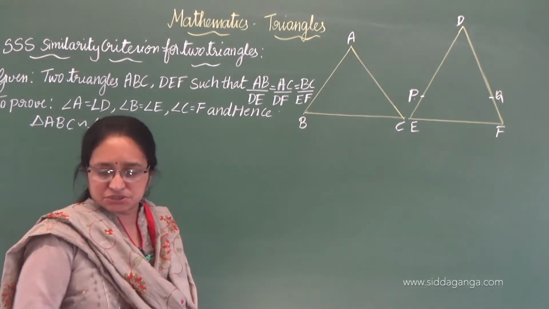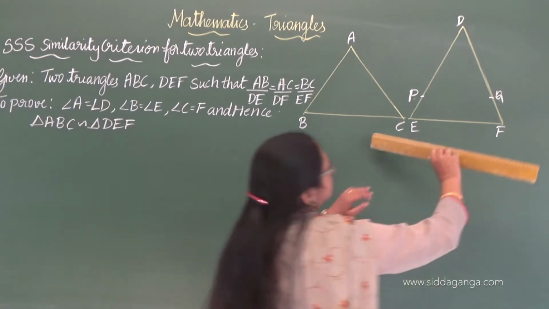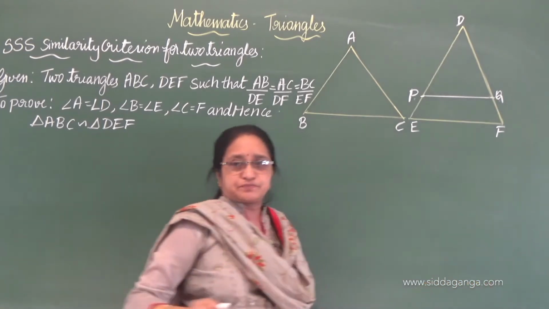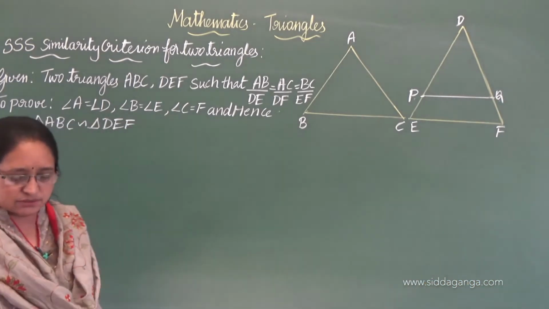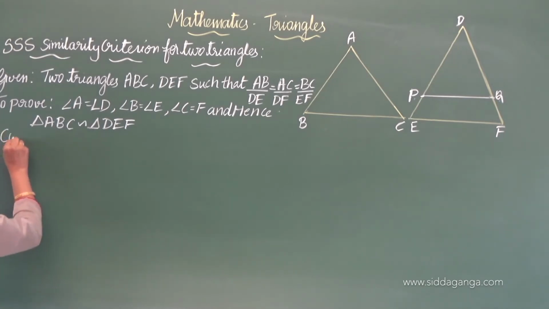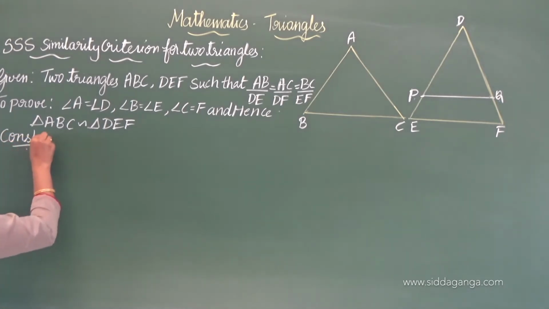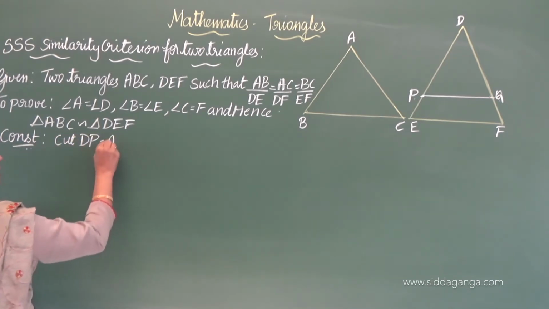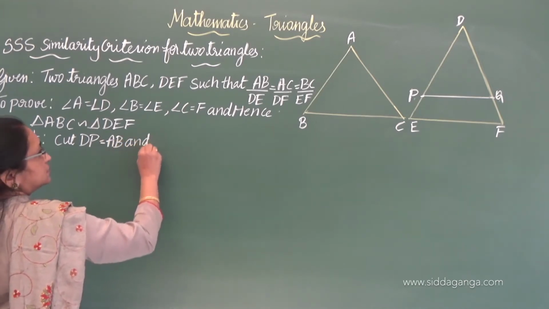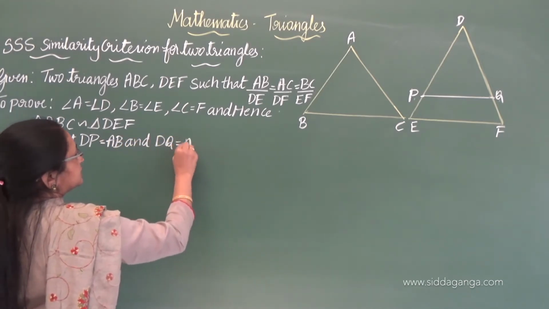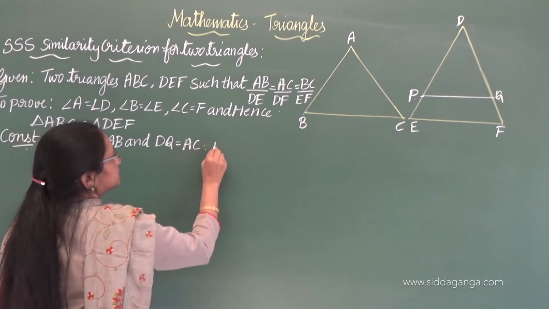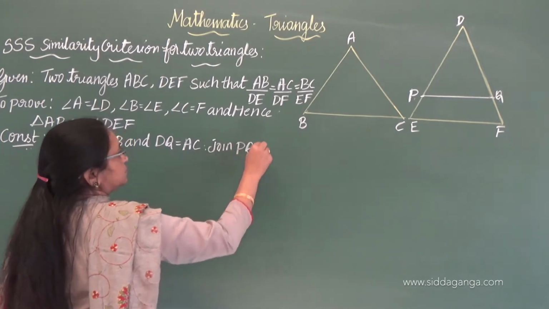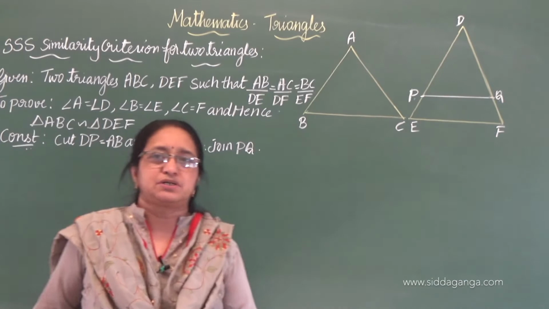That is the construction, and I am going to join PQ. Okay, now we will write that construction: cut DP equal to AB and DQ equal to AC, and join PQ. Okay, I hope you understood this.